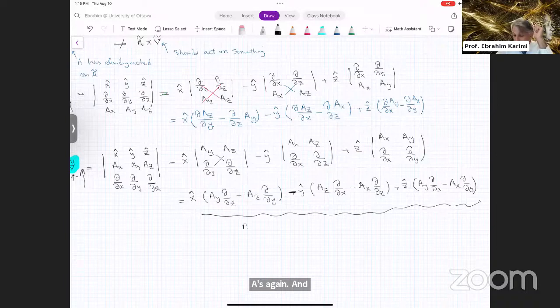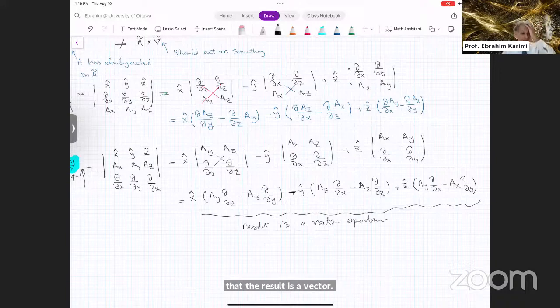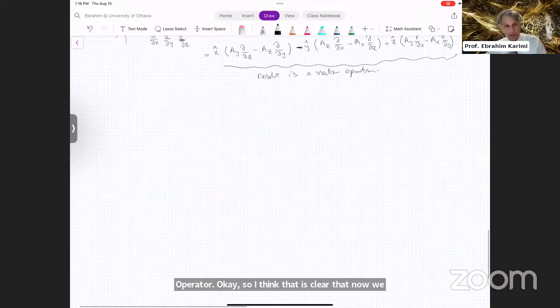So the result does not look like a dot nabla, but the result is a vector operator. I think that is clear, that now we have these two different cases. Good questions?